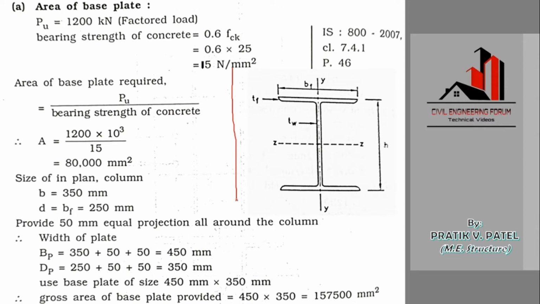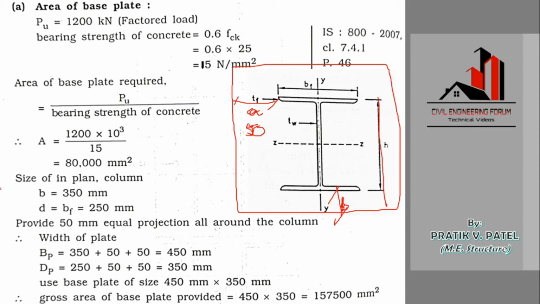If we are providing a base plate like this, then one projection is A and on the other side it is B. One is the shorter and one is the longer projection, but according to our discussion, we are taking both the projections as 50 mm. So the size in plan is: this is 350, and BF is 250.